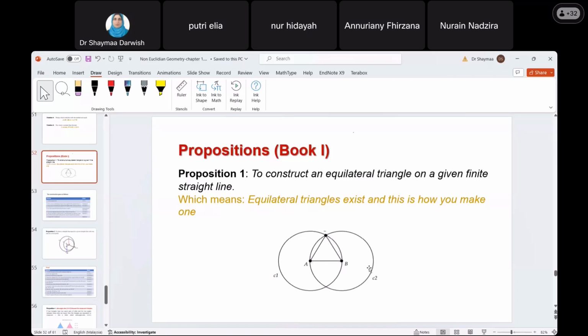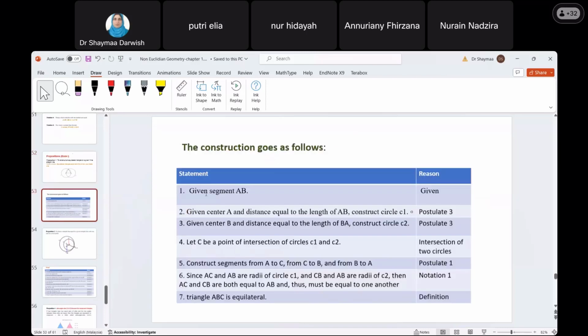So starting from any segment, you can draw an equilateral triangle, and this is the proof. You have to know the steps of how to draw and how to prove. Given a segment AB, this is the given information. You can draw a circle with center A and radius AB using axiom 3 of Euclid.